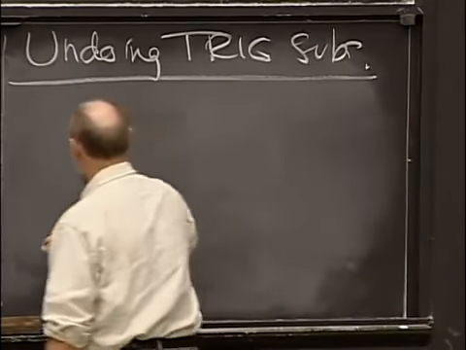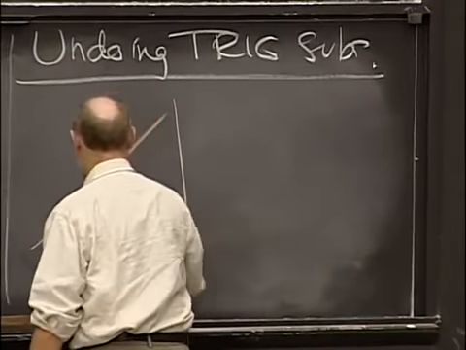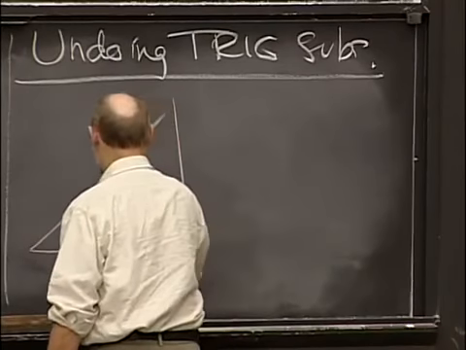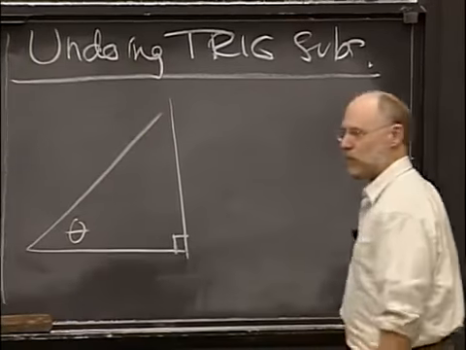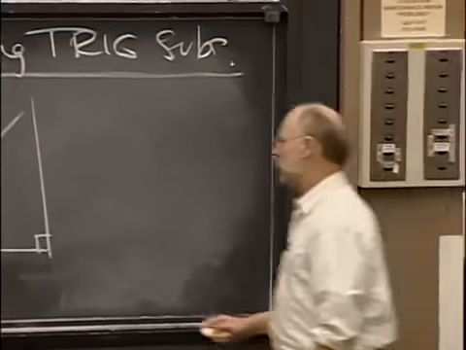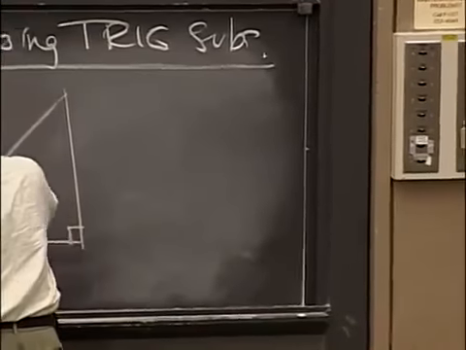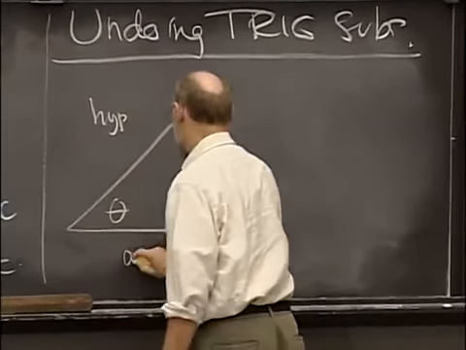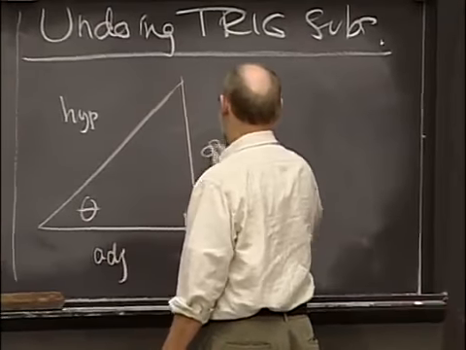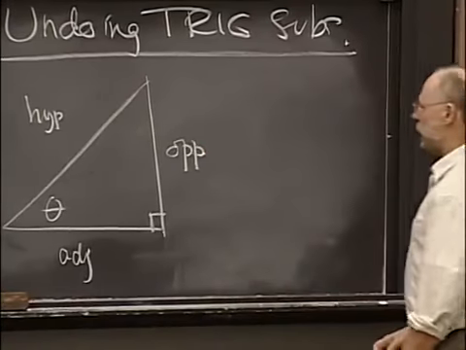So let's go back to where trigonometry always comes from, this right-angled triangle with a theta in the corner. These three sides: this one's called the hypotenuse, this one is called the adjacent side, and that one is called the opposite side.